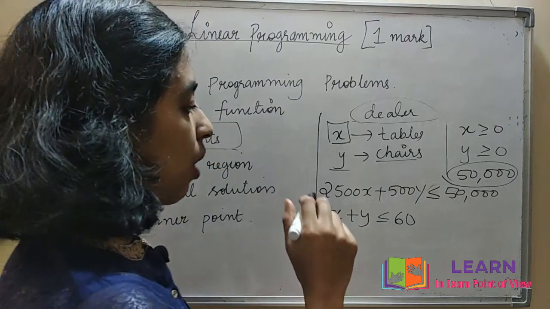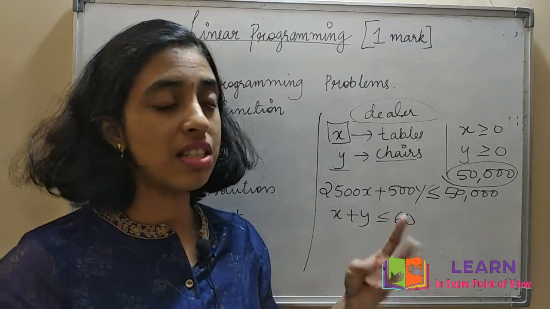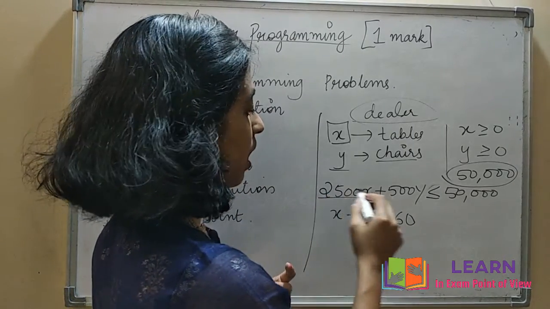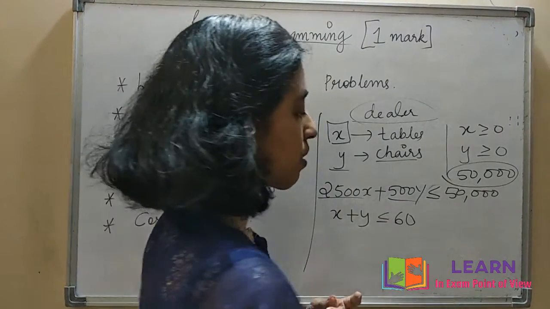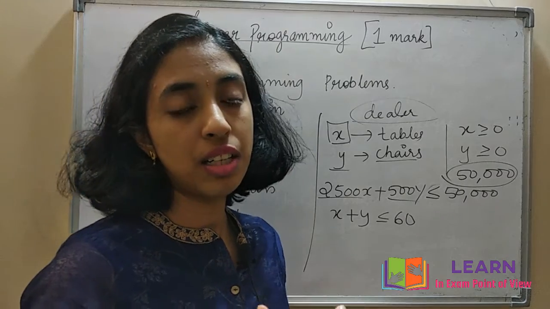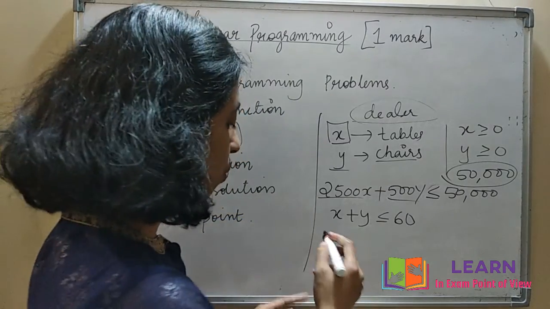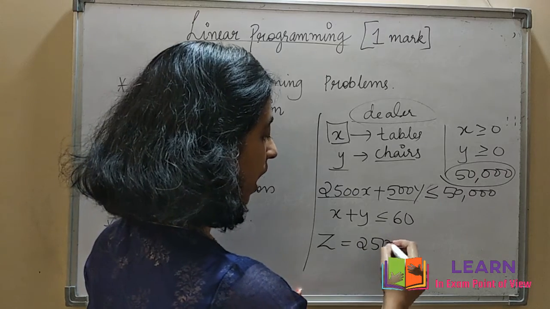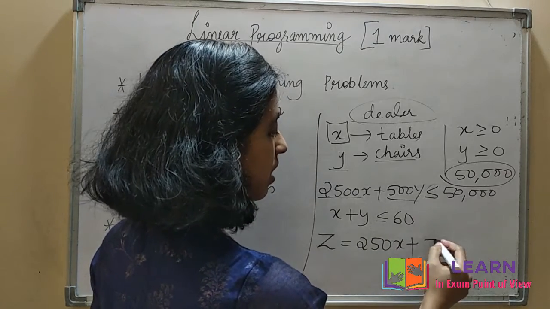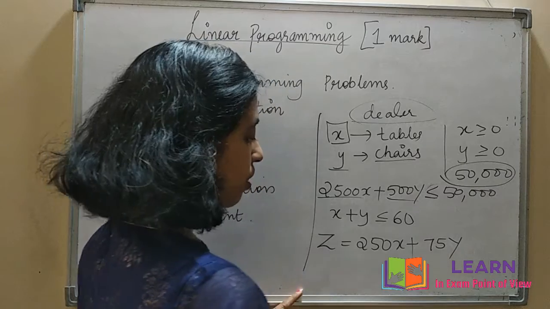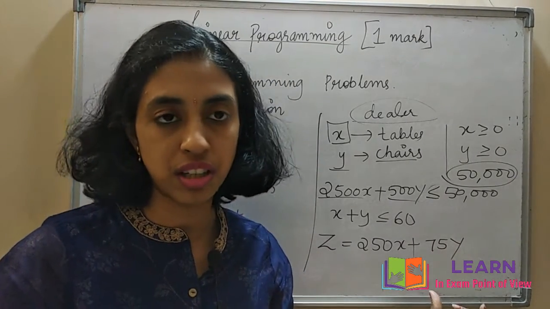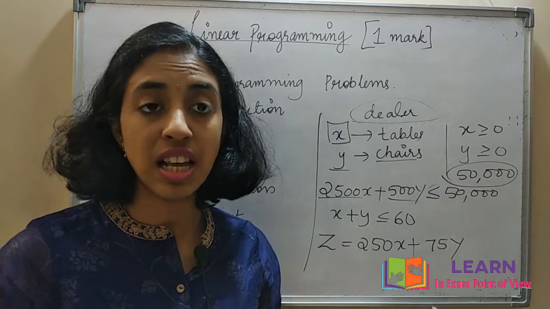Fine. Now he has an estimation of getting 250 rupees for a table and 75 for a chair. Let it be its profit amount. So we will assign z is equal to 250x plus 75y. This is actually the dealer's estimated profit.